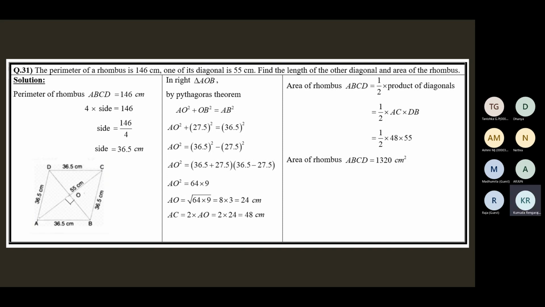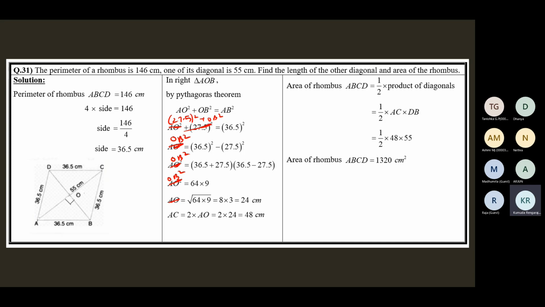Okay, let me correct it. So it will be like this. AO square, 27.5 square, plus OB square is equal to this one. Then OB square is equal to the difference.